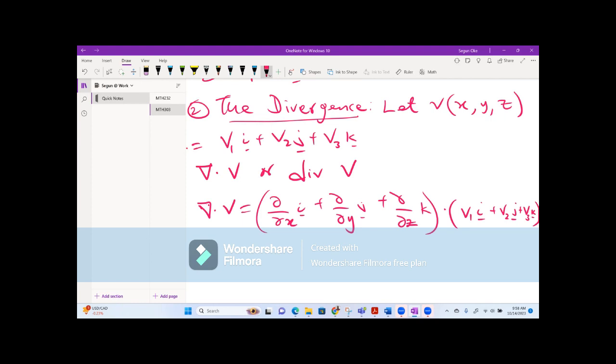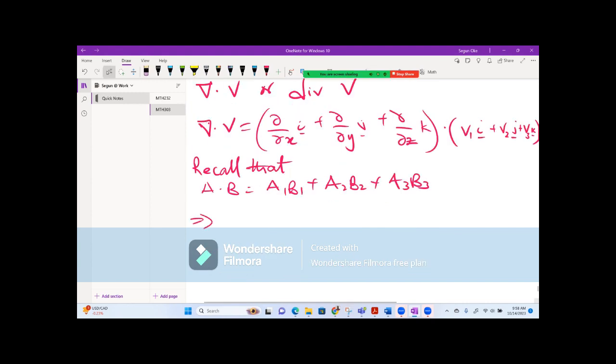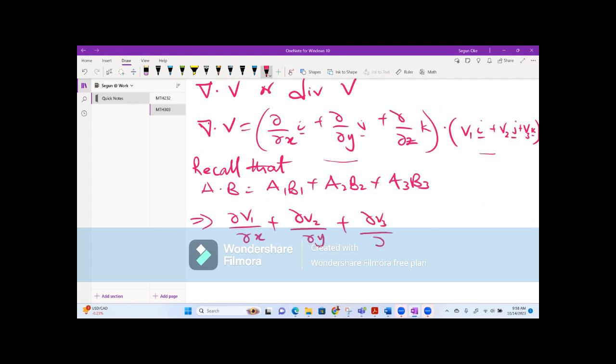But recall, let me remind us, that A dot B is the same thing as A1 B1 plus A2 B2 plus A3 B3, which implies that we have dV1/dx plus dV2/dy plus dV3/dz.